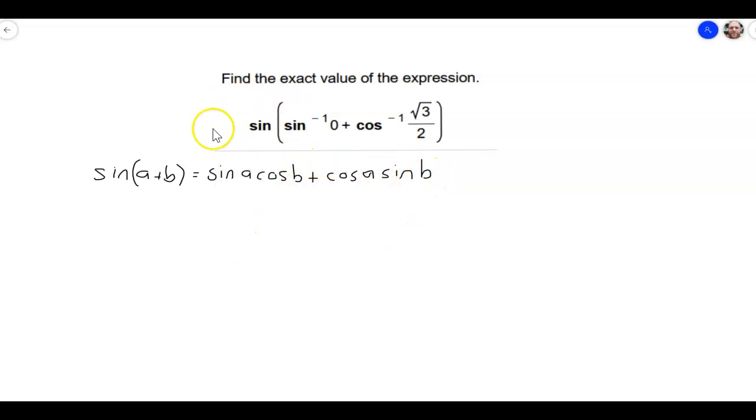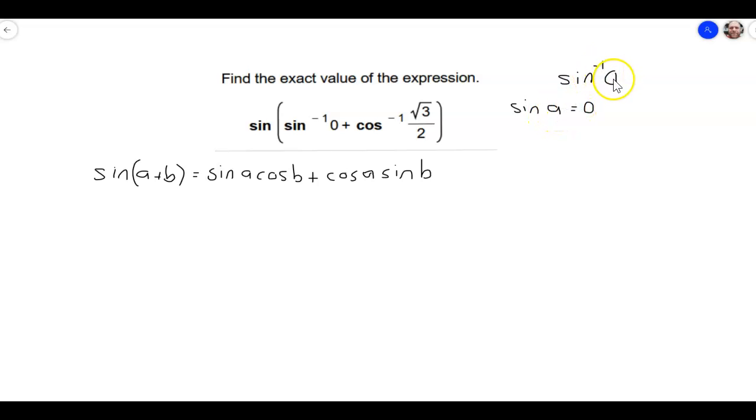So what can we really do with this? Well, the first thing we have to realize is that the inverse sine of 0 really means that for some angle, let's say A, the sine of that angle is equal to 0.